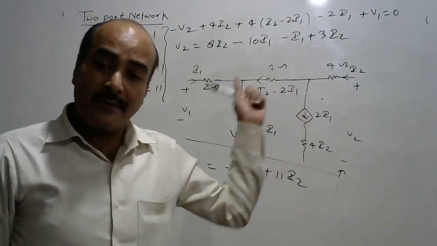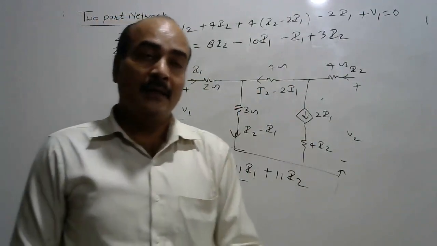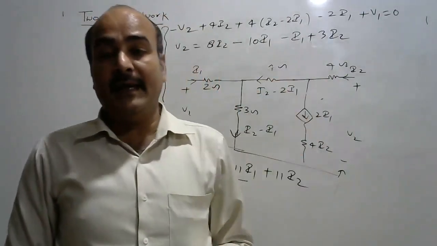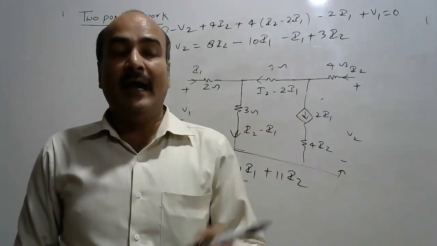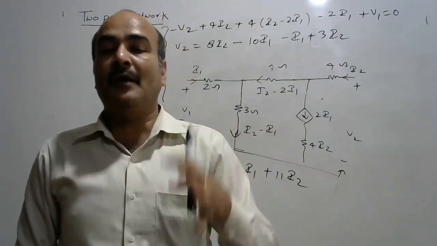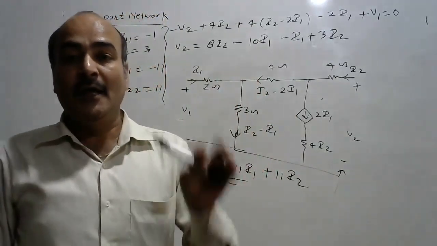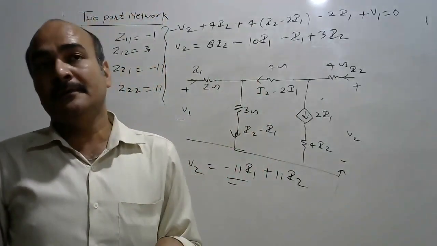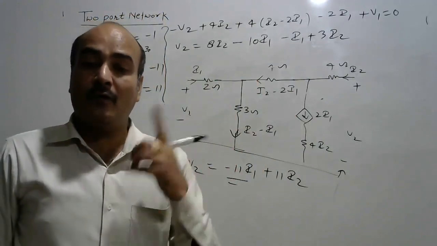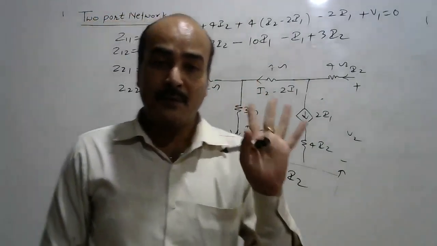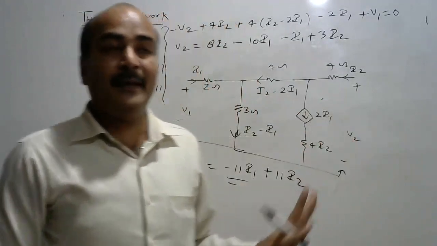If you have any doubt about nodal and mesh, just follow the previous lecture. If you have any question or doubt in your mind, you can write in the comment box, or you can mail me or contact me through the phone number. Okay, so that is the Z parameter.